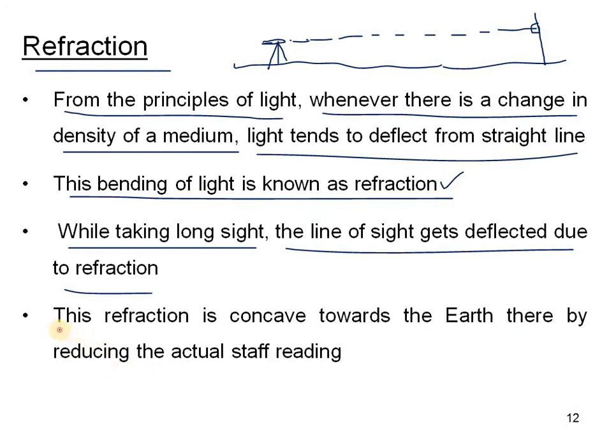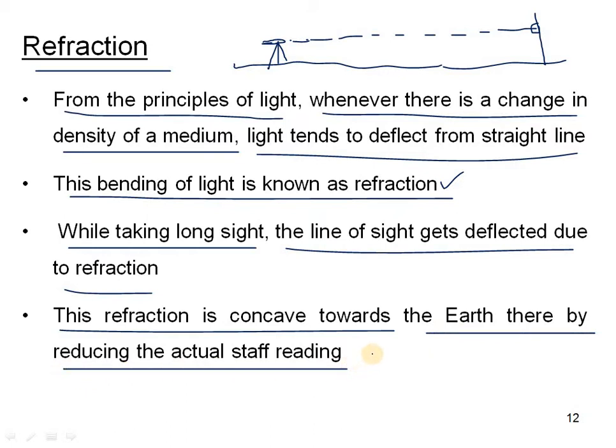This refraction is concave towards the earth, thereby reducing the actual staff reading. Here we know the meaning of concave mirror, and we also say convex mirror. The difference between concave and convex mirror is that in this refraction the concave will be towards the earth.